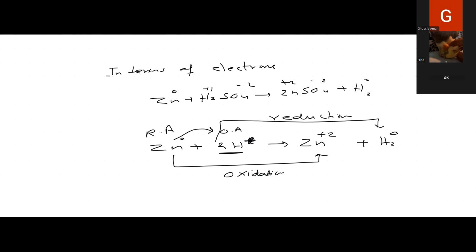So what is a reducing agent doing? Reducing agent supplies electrons. And what is an oxidizing agent doing? It is snatching the electrons. So oxidizing agent removes the electrons.